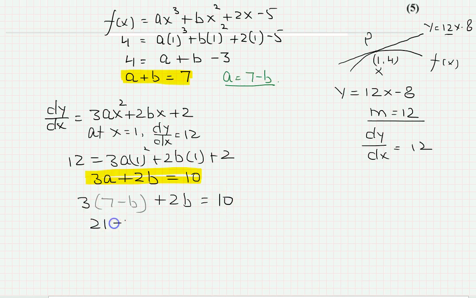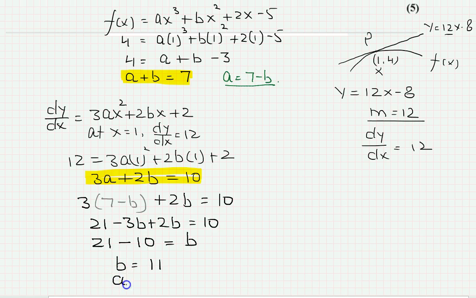This is 21 minus 3b plus 2b is equal to 10. 21 minus 10 is equal to b. So b is equal to 11 and a is equal to 7 minus 11. A is minus 4. So these are the values of a and b.